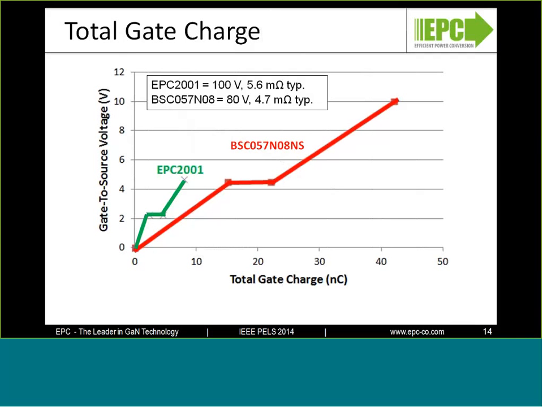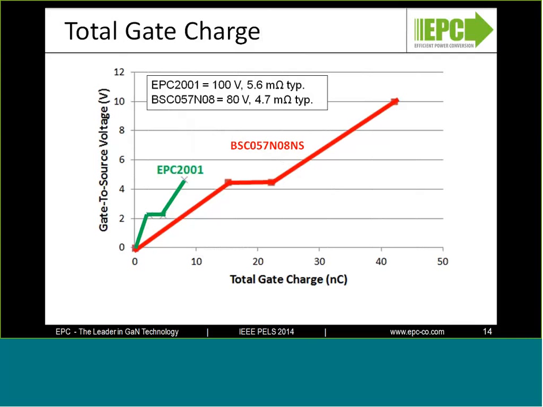That's called the plateau voltage, and that's the gate-to-drain charge that it takes to change the state at whatever voltage is applied. And then you have another lateral line, and that one is the overdrive, the charge that you apply just to get the gate to a higher voltage to maybe get a little bit more enhancement of the channel.